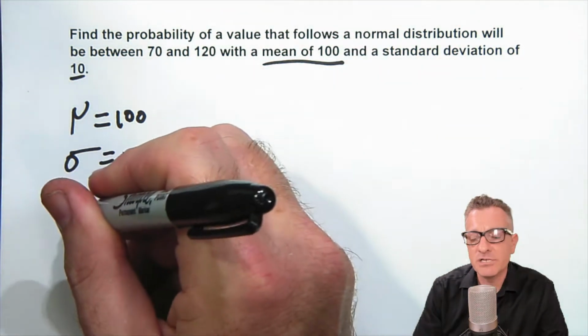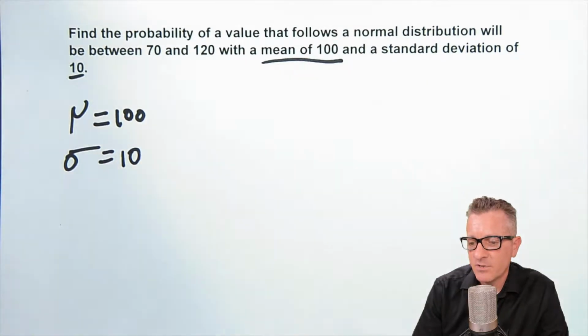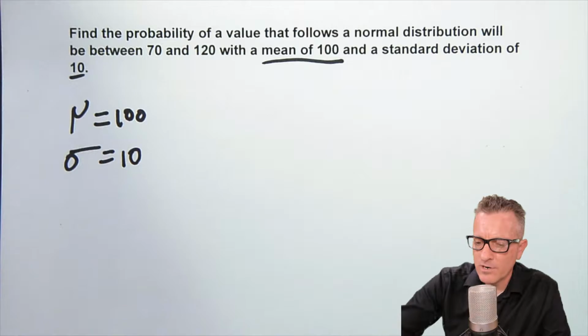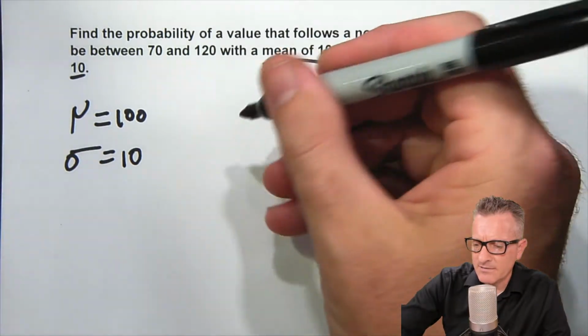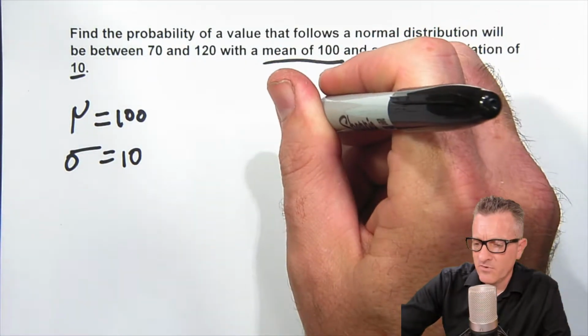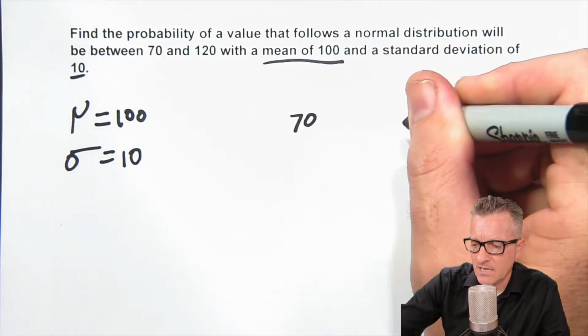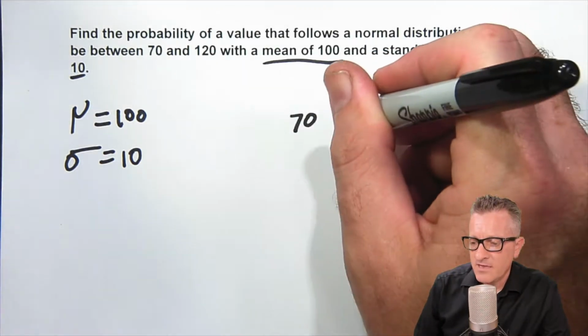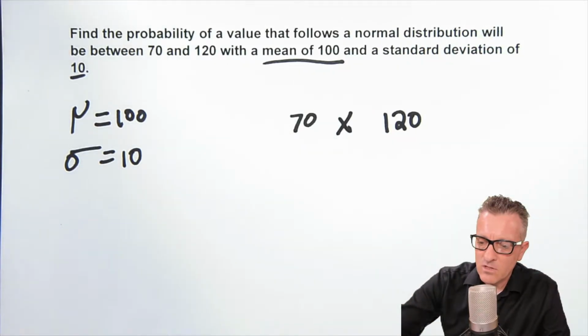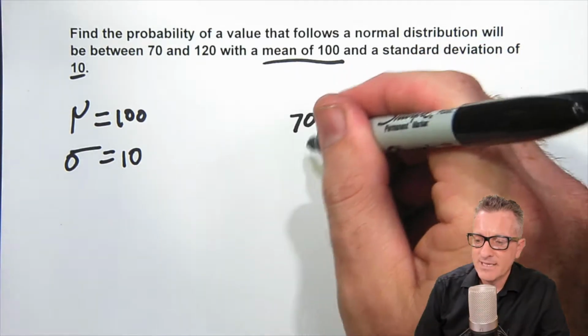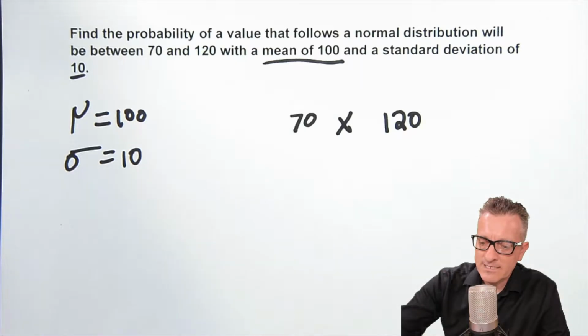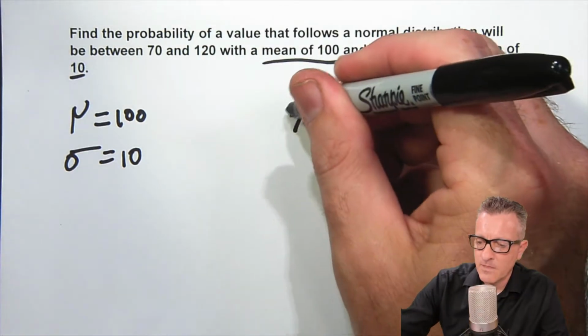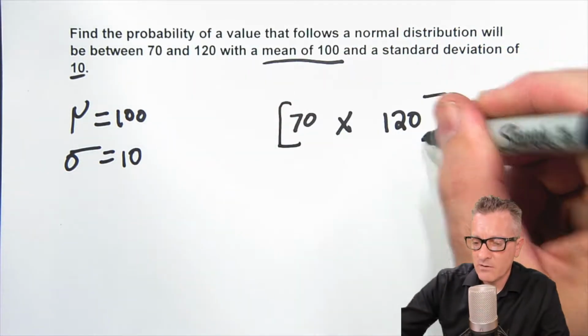Now, traditionally, what people recommend is you write down this scenario. You write down 70, and then you write down 120, and then you write down x in the middle, and then you go and you write in your inequalities so they make sense, and you have one statement that applies. So how would we do this?